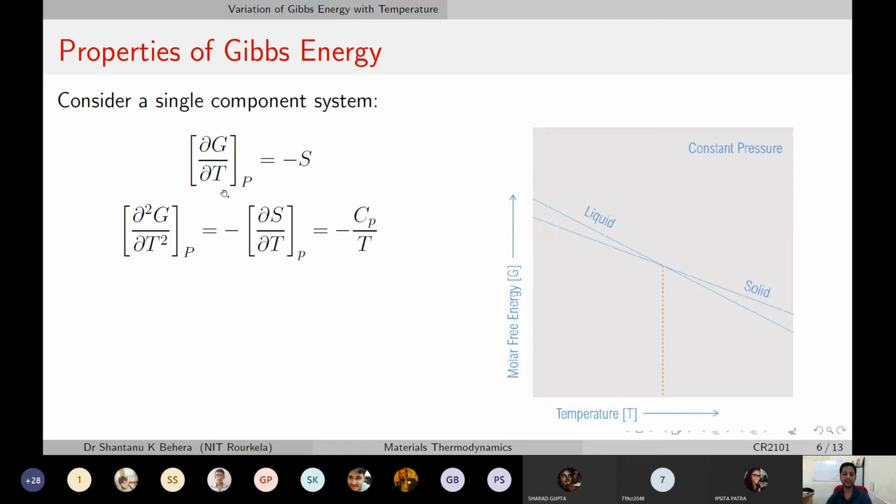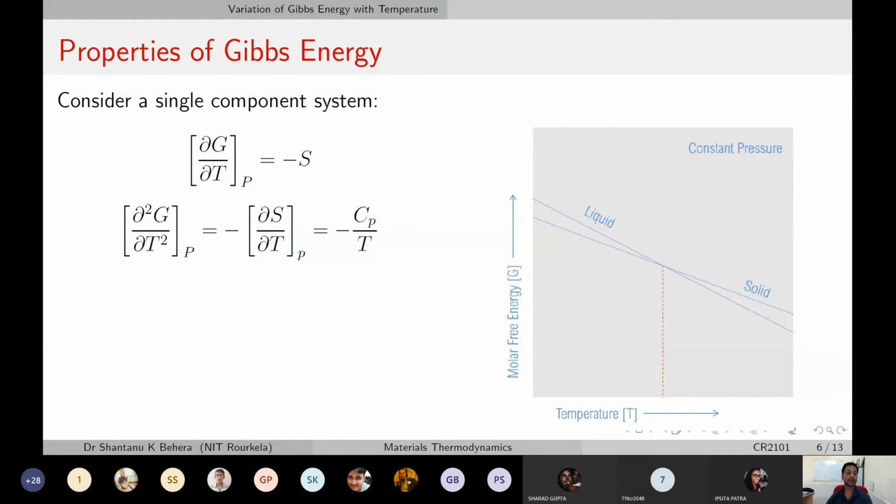It's simply the slope, because here you're plotting G and here you're plotting T. With the pressure kept constant, del G by del T is essentially the slope of this curve. This is minus of a positive quantity, that means a negative quantity, so this slope has got to be negative. That's why the curve is like this. It's a negative slope; this would have been a positive slope. So prima facie, in overall aspects, our curve is perfectly fine.